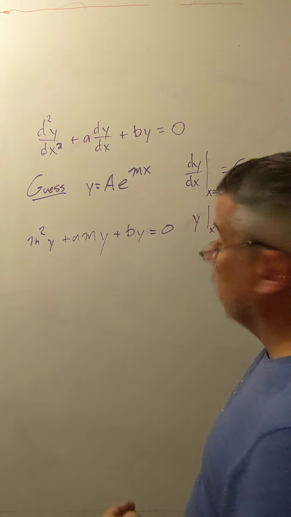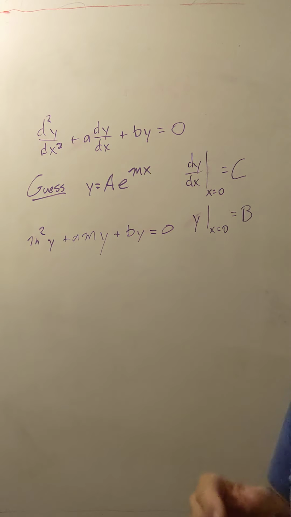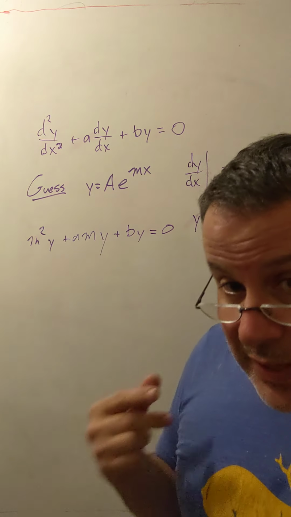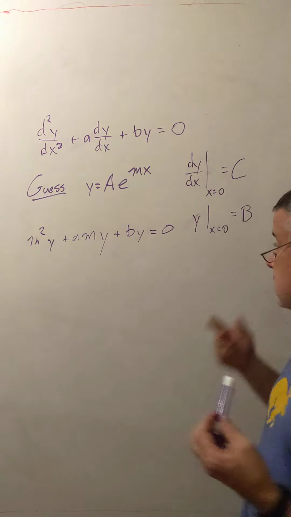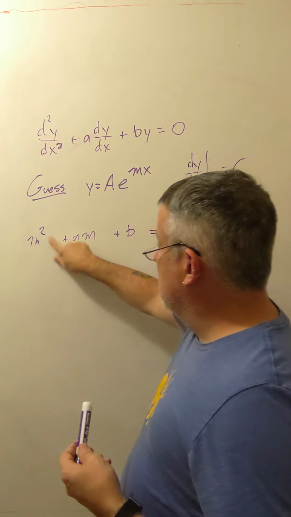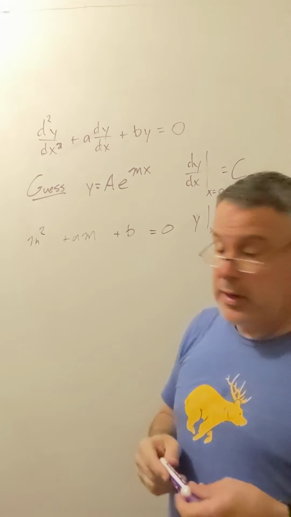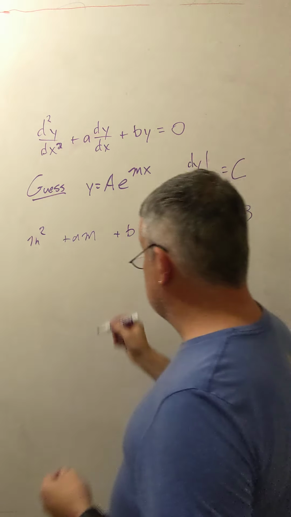And we can tell, if we look at our initial conditions, our boundary conditions, that if C and B were not equal to 0, it would be inconsistent with having a y that was 0 everywhere in space. So great, let's go ahead and do that. We can cancel out the y's. And now look what we have. We've taken an ordinary differential equation and we've ended up with an algebraic equation. And in fact, it's an algebraic equation we know how to solve because it's just a quadratic equation.